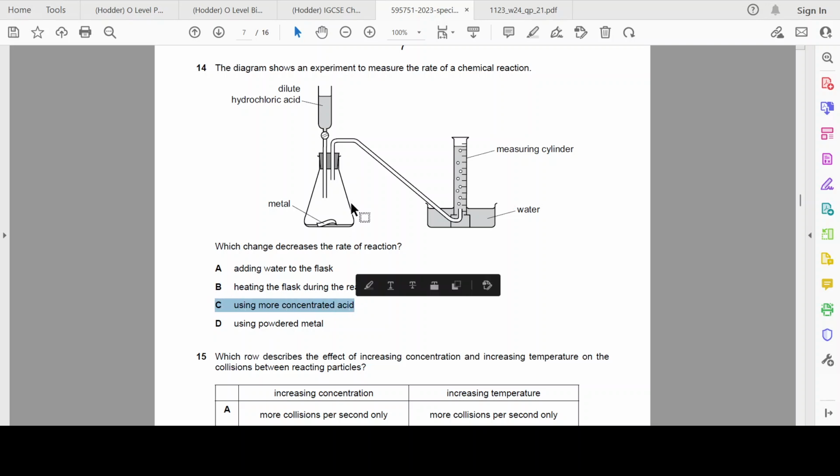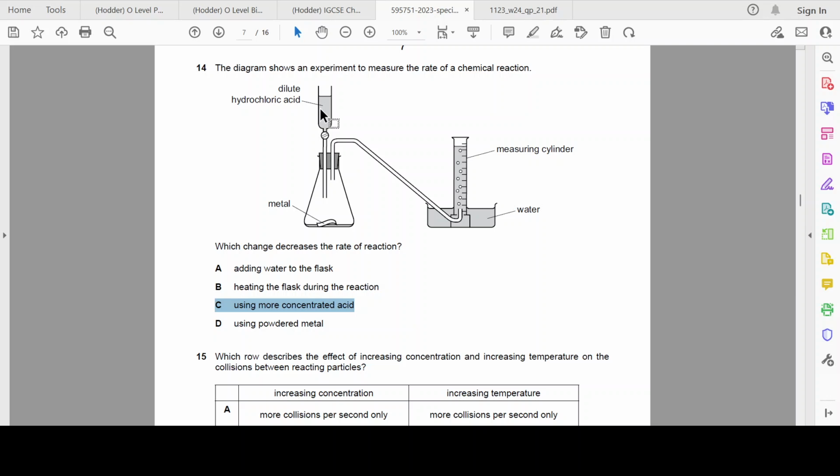Using concentrated acid means there are more hydrogen ions per unit volume. The concentrated acid means there are more acid molecules in that volume, so more protons are available, which means it will speed up.